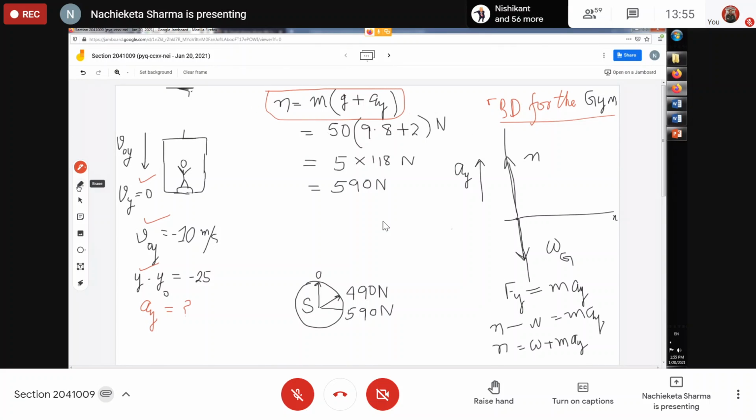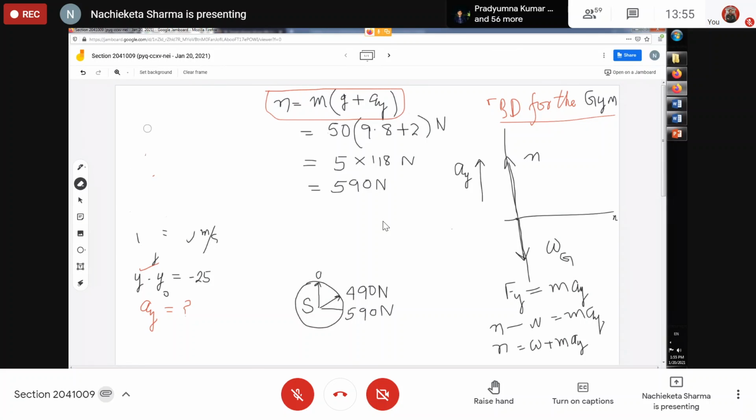Now what will happen if you are riding an elevator with an acceleration of -2 meter per second square? Suppose instead of 2 meter per second square upward, the elevator's acceleration is downwards, -2 meter per second square.